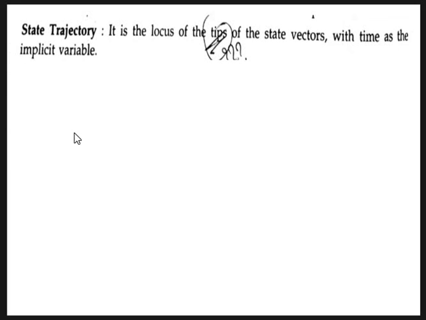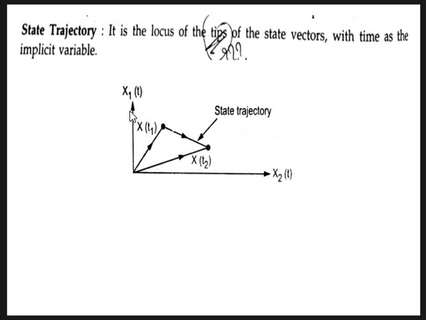The next requirement is state trajectory. It is the locus of the tips of the state vectors with time as the implicit variable.